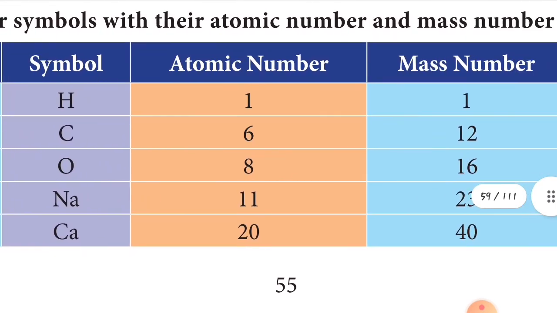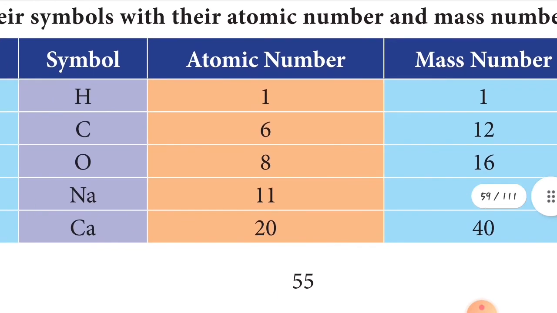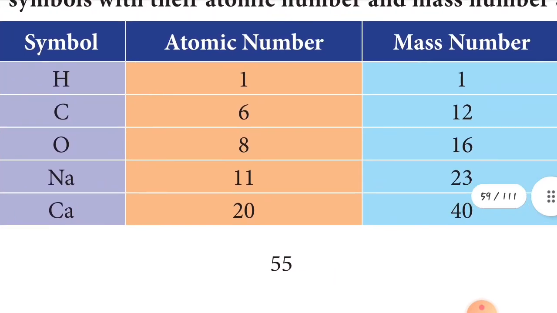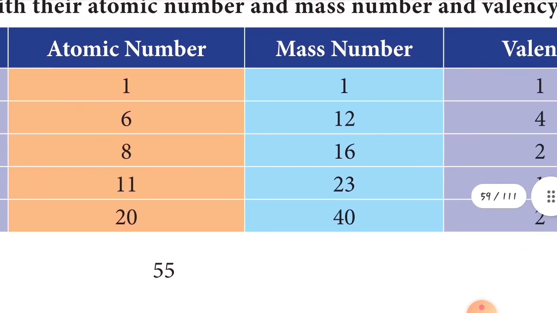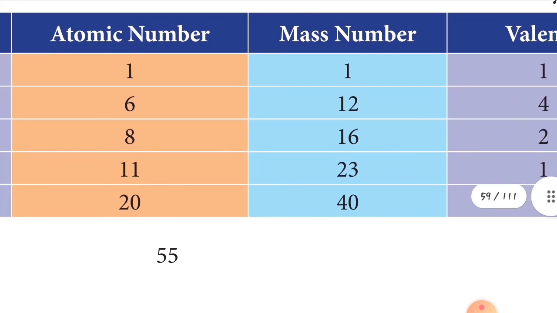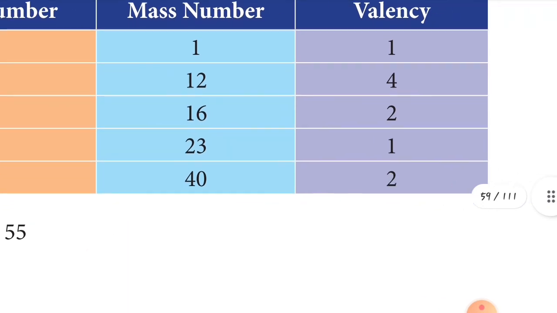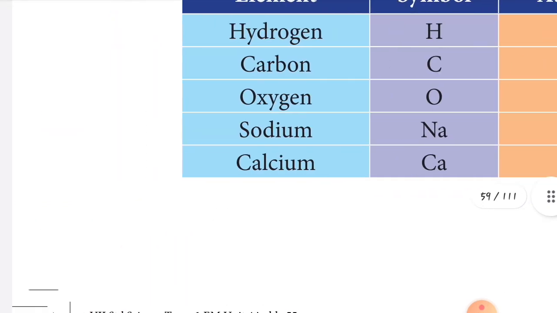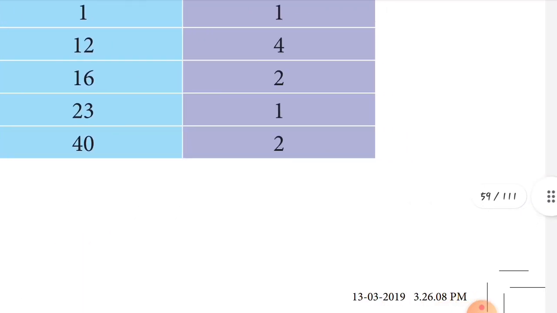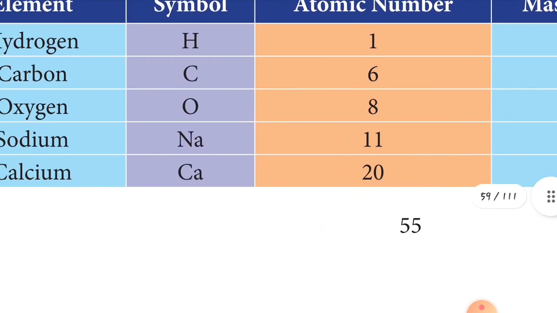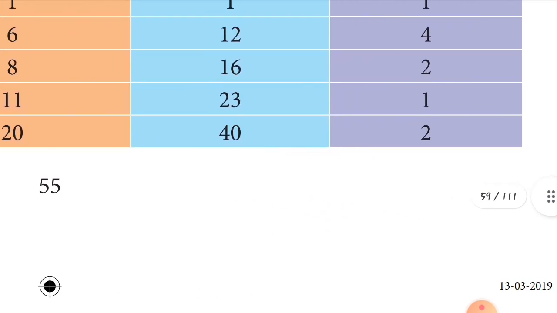Hydrogen H, only 1, so the valency is also 1. Carbon, atomic number 6, mass number 12: you write the neighboring atoms, 4. Calcium, the valency is 2, and sodium is also 1.